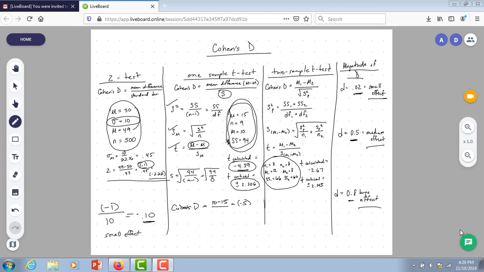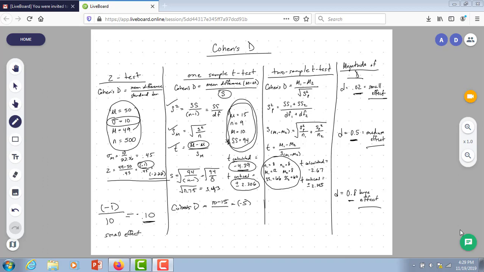And when we do 94 divided by 8, we end up with 11.75. And then when we take the square root of 11.75, we end up with 3.43.